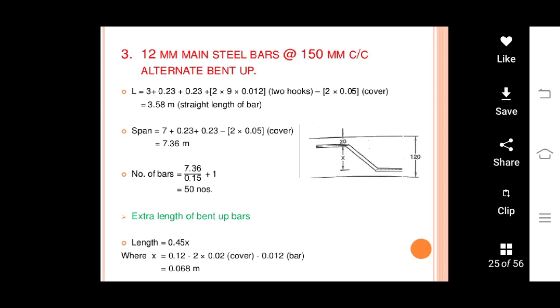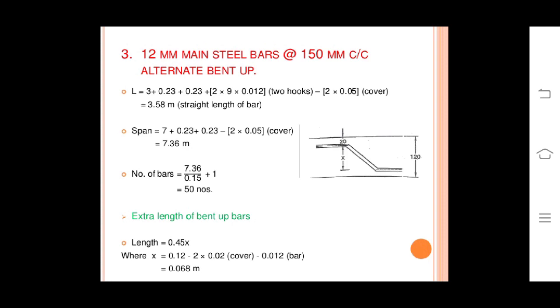The total number of bars required is therefore calculated by dividing this total span by the spacing between two 12 mm bars. It is equal to 7.36 divided by 0.15 plus 1, that is 50 numbers. Therefore, for shorter span, the total number of bars required is 50.